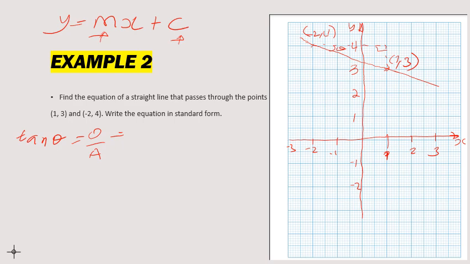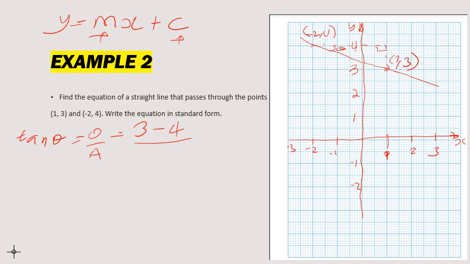So in this case, our change in y is 3 minus 4, since we are moving from there, going down. And on that side, divided by the change in x.